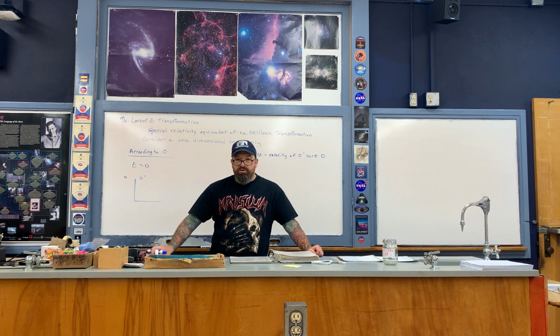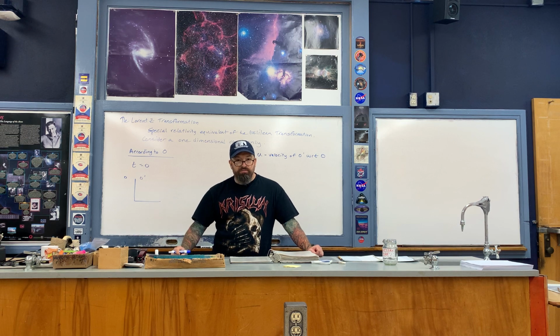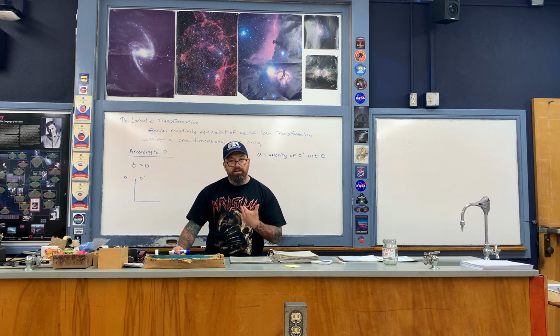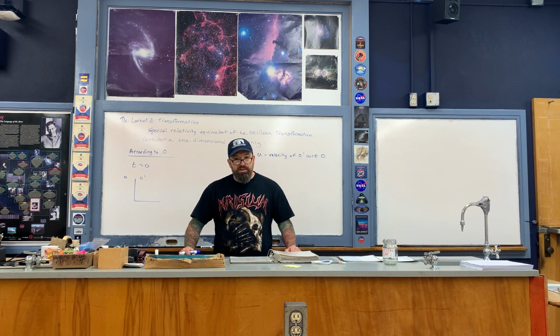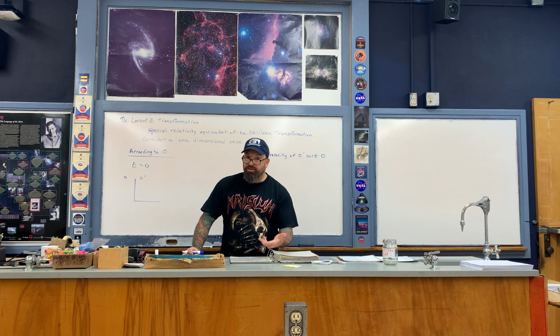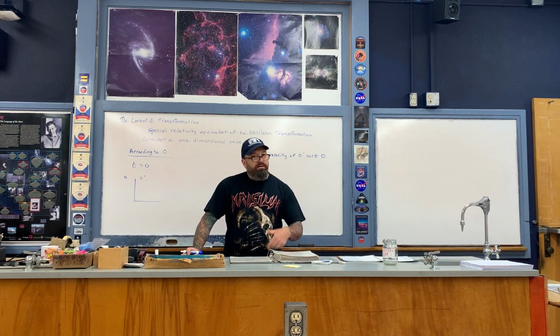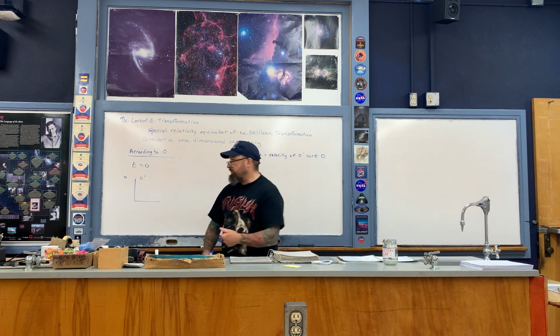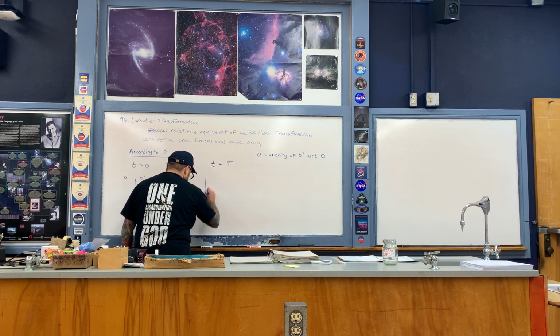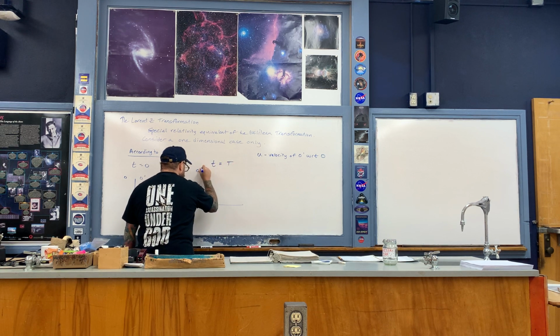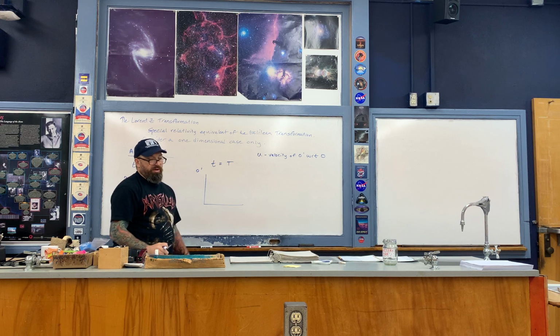If you recall, we thought of yourselves here sitting in the classroom as the stationary reference frame, and I was the moving reference frame. And then we considered the door of the classroom to be the origin, and at time t equal to 0, I was lined up with the door. Okay, and then let's say that some time goes by. According to O, we're going to label the time that goes by as capital T. And then right here in the room is me, the moving reference frame O prime.